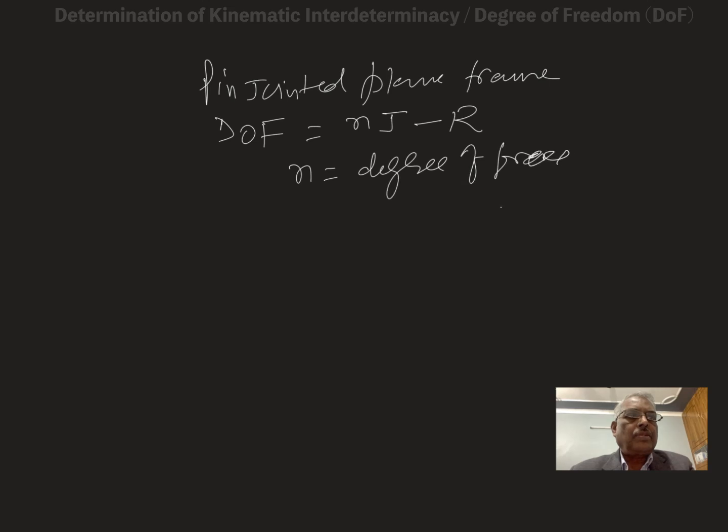Therefore, a general equation should be, for a pin jointed plane frame, degree of freedom will be Nj minus R. N is the degree of freedom at a joint.